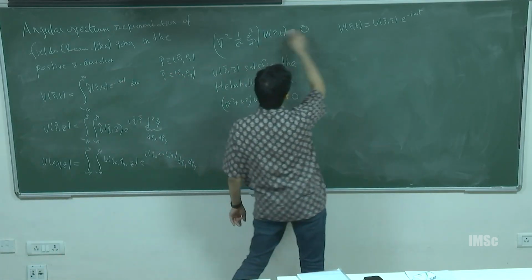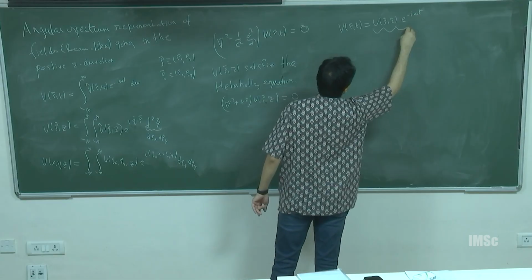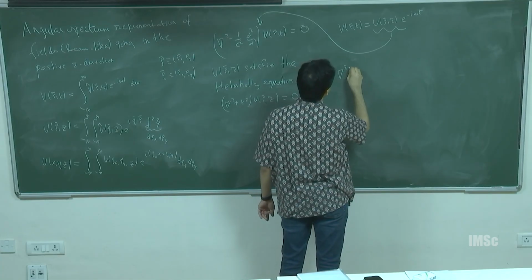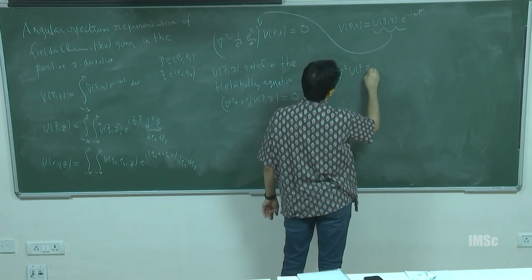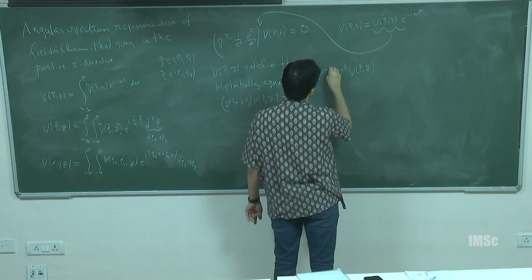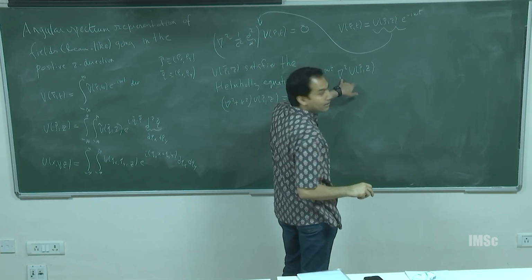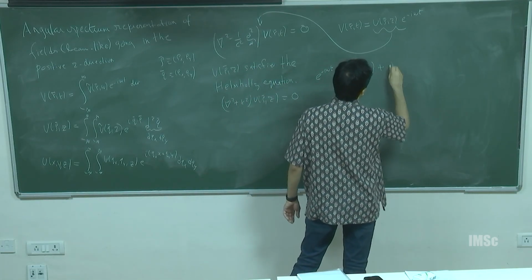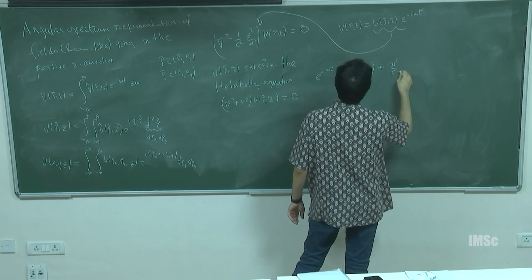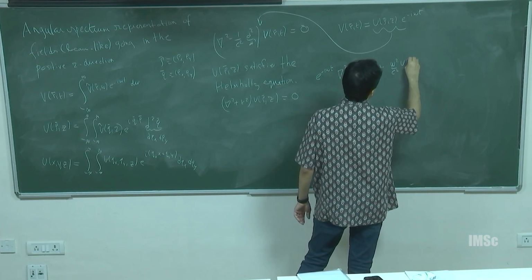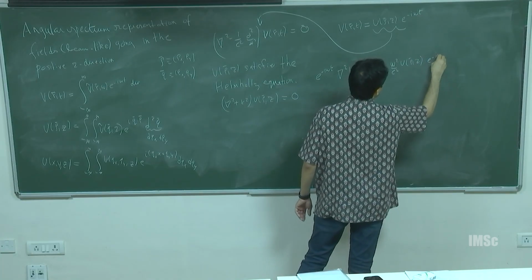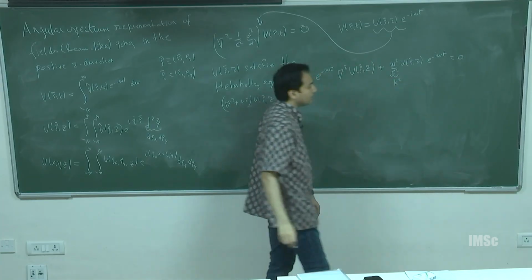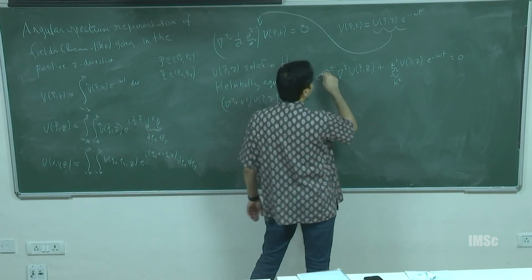When you put that into Maxwell's equation, we get this, because this is just the derivative with respect to the spatial coordinates. So this is k square, omega over c is k, right. And this goes away.